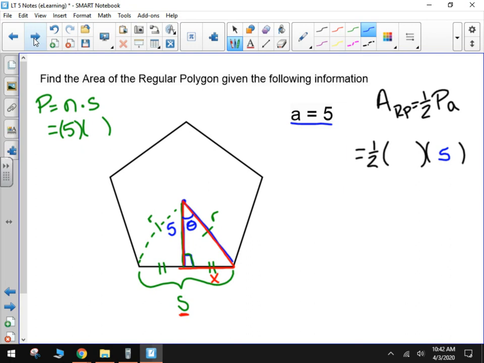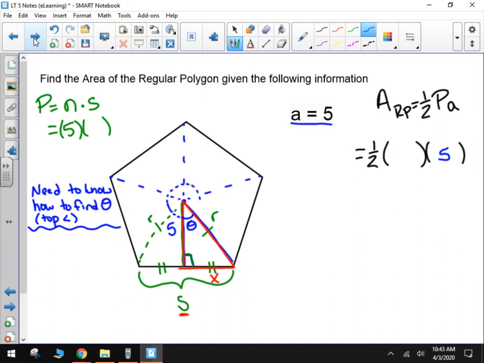Theta. Remember, theta is just like an x. Which is just the top angle. What I want you to realize is if I were to draw all the triangles in again, all the angles around create a circle.